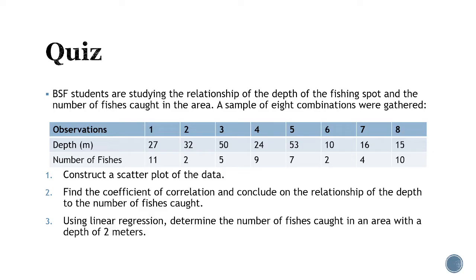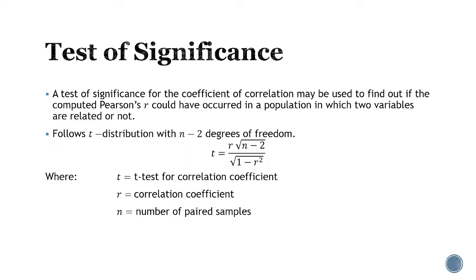All right. So for today, we will be continuing on the test of significance. A test of significance for the coefficient of correlation may be used to find out if the computed values have occurred in a population in which two variables are related or not. So basically, this is just a continuation of the correlation coefficient.